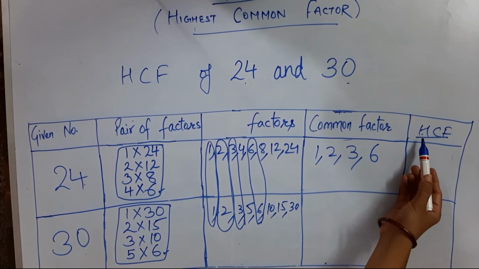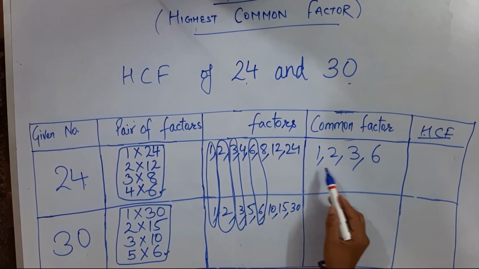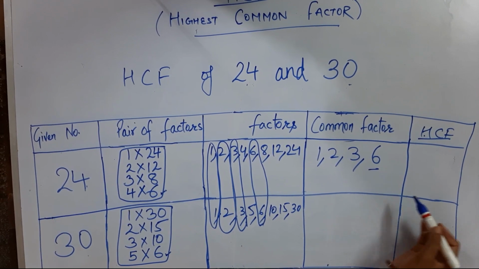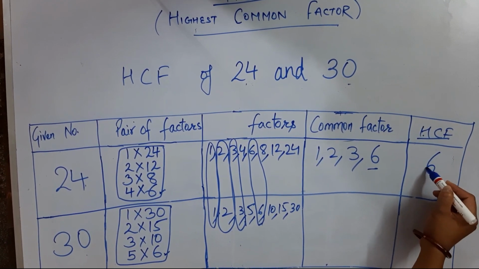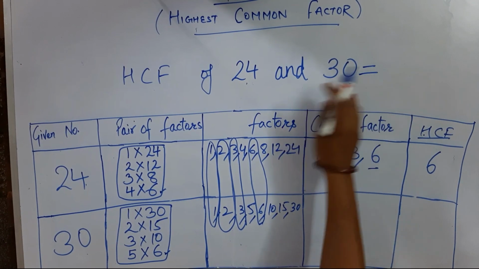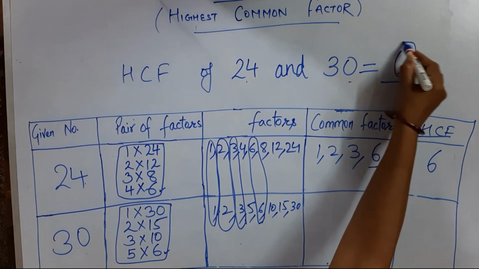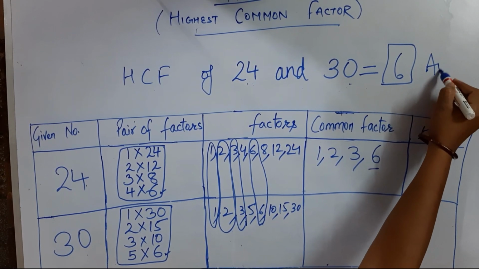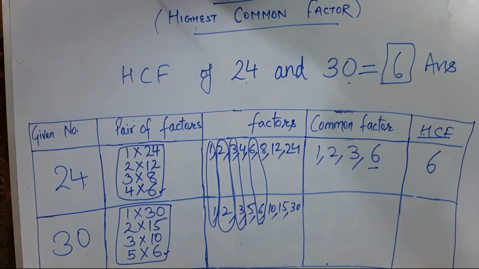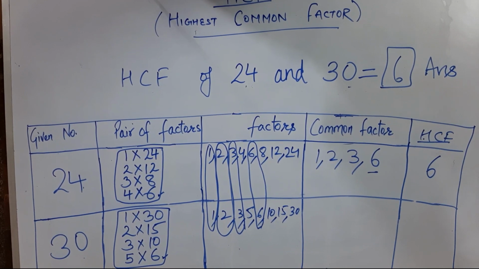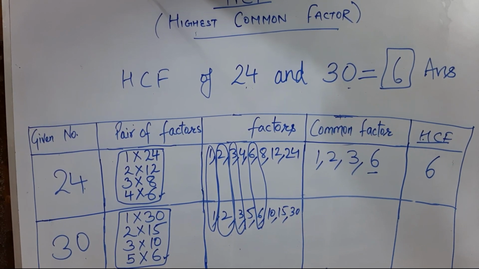So I have to find the highest common factor. Which is the highest common factor here? 6 is the highest factor, so our answer will be 6. HCF of 24 and 30 is 6. 6 is my answer. So in this way I can find the HCF of any two given numbers.